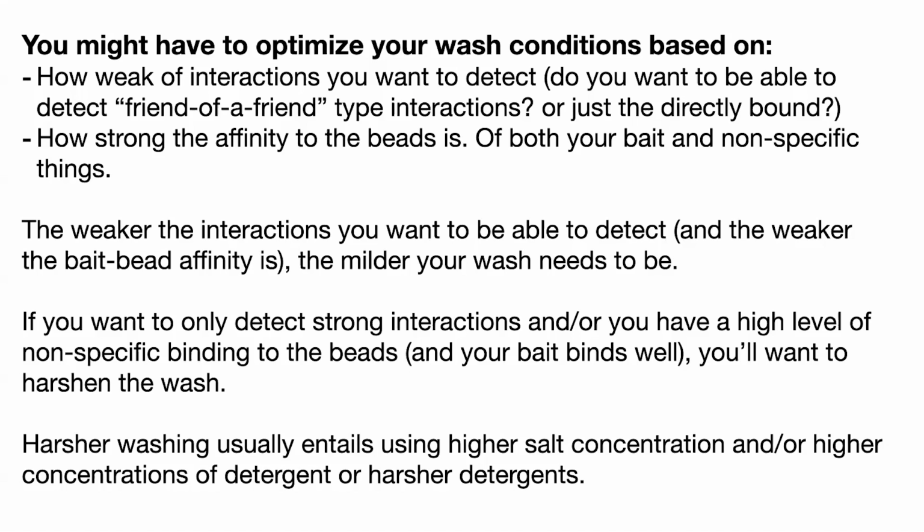One thing that you can do, in addition to doing harsher washes, is pre-clear the lysate. When we were talking about negative controls, doing things like using beads that didn't have antibody, or beads with antibodies that targeted different proteins, and how we were doing that in parallel, alongside our actual reaction, what we can do is add these beads before we add the beads of interest.